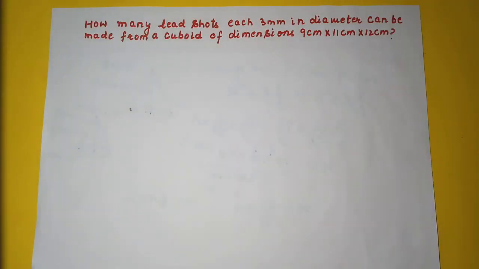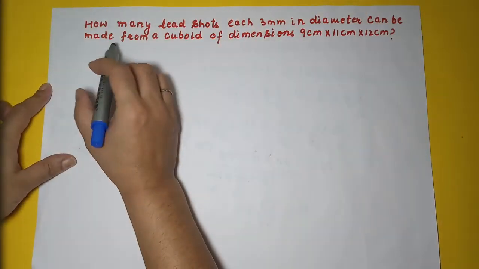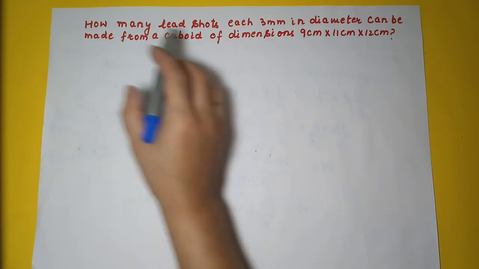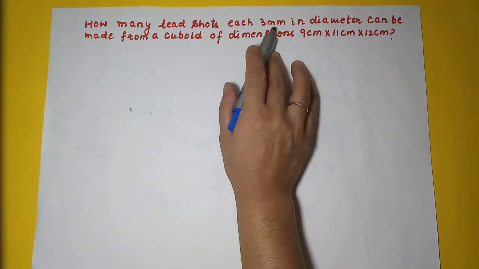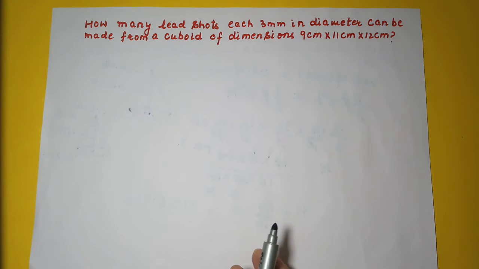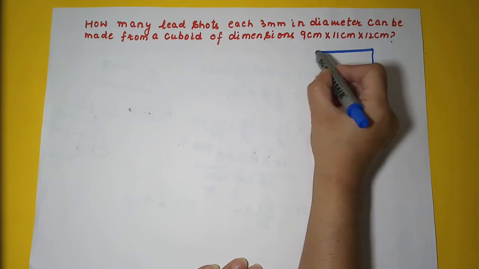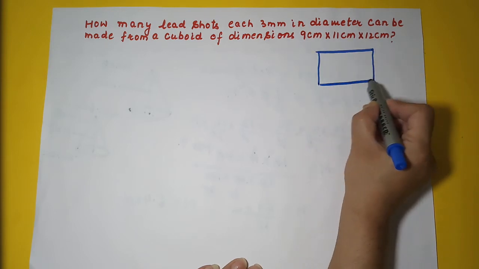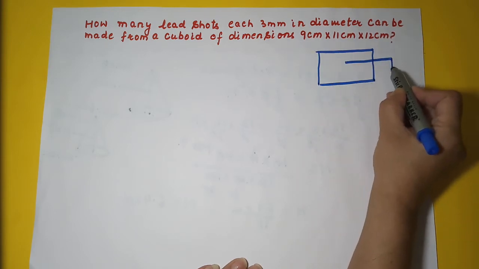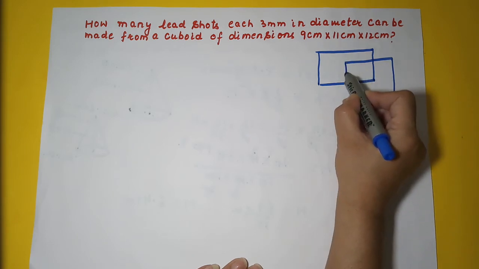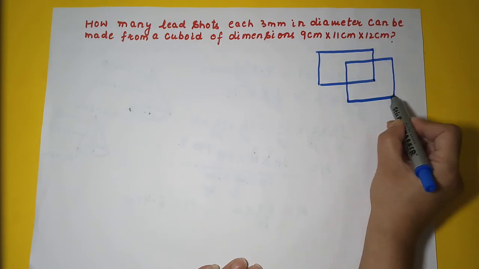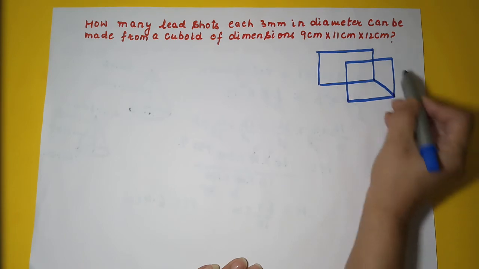Another one of the same type. Here he is saying, how many lead shots, each 3 millimeter in diameter, can be made from a cuboid. Now this time we have a cuboid, right? What is a cuboid? Cube is a cuboid.